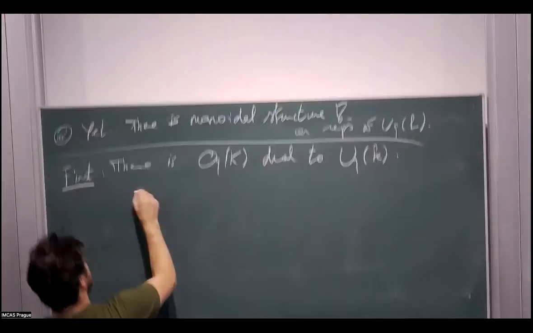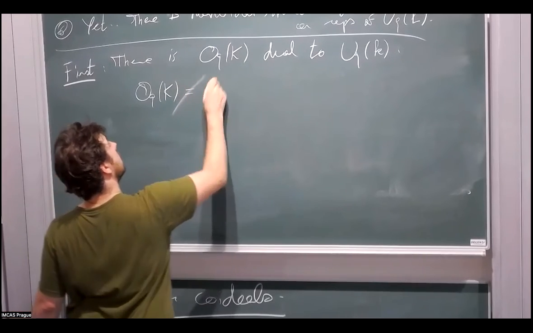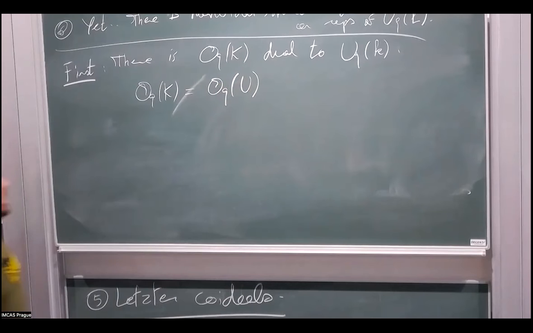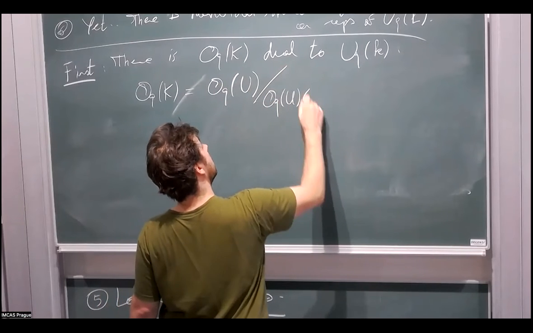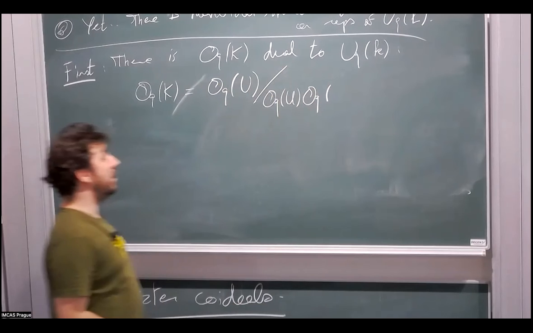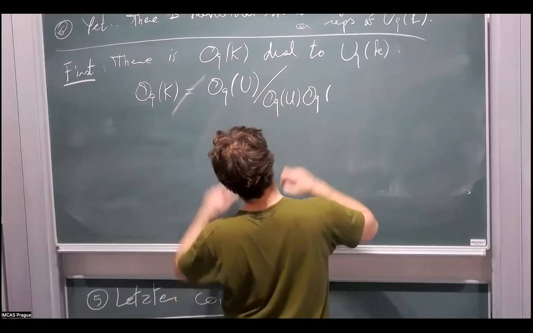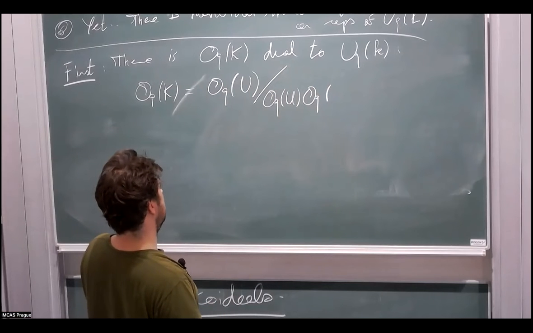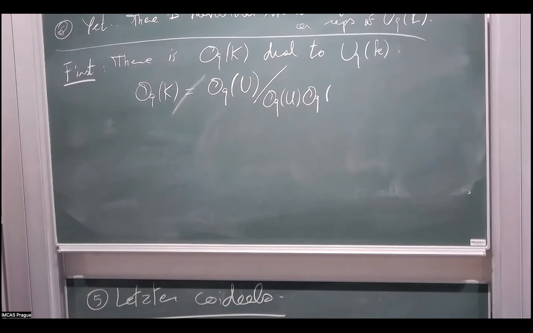Basically, we define it as being the quotient of OQU by a left ideal. This left ideal is generated by all functions which vanish at the unit of the homogeneous space.